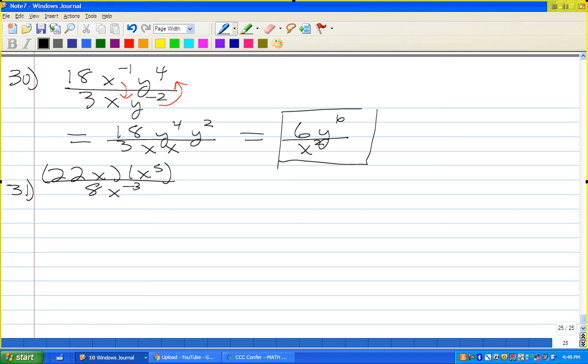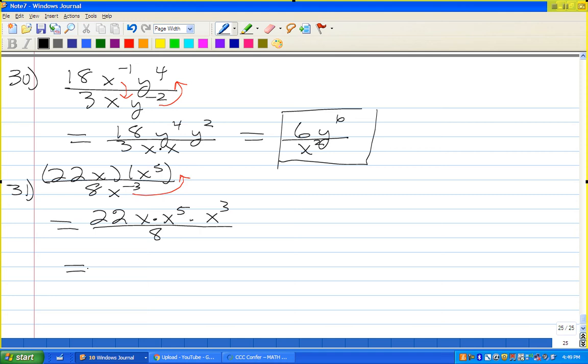So let me bring the x cubed up to the numerator. So this is equal to 22x times x to the 5th times x to the 3rd over 8.